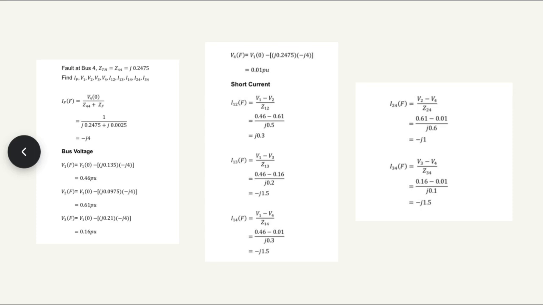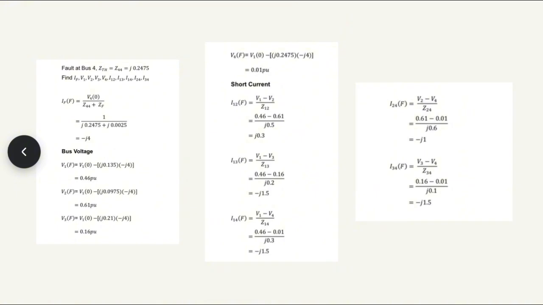For I12, the formula is V1 minus V2 divided by Z12. So the answer is j0.3. For I13, the formula is V1 minus V3 divided by Z13, and the answer is negative j1.5.